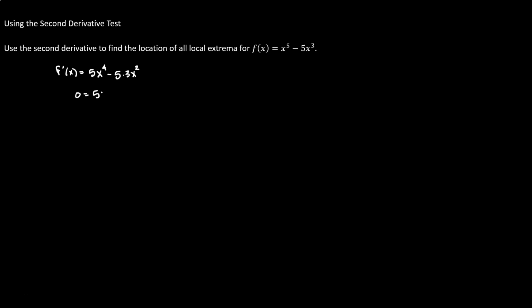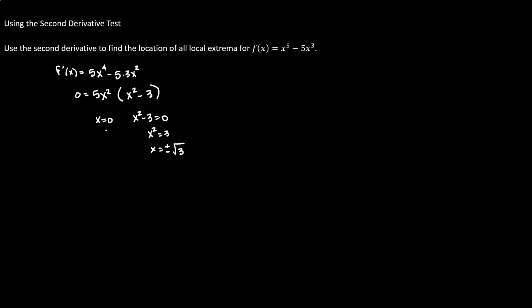So I have 5 and x squared are common factors, leaving behind x squared minus 3. This tells me that x equals 0 is a solution, and then x squared minus 3 equals 0 is a solution, or x equals the positive or negative square root of 3.